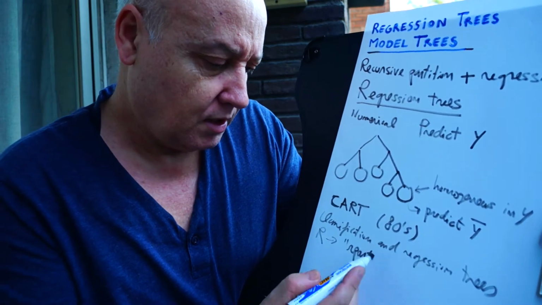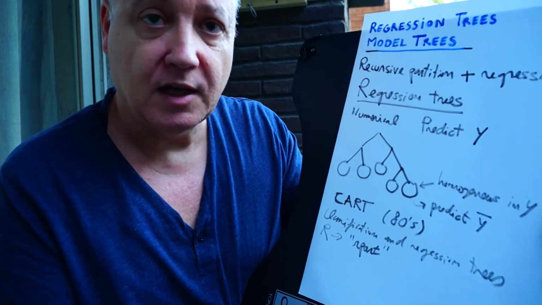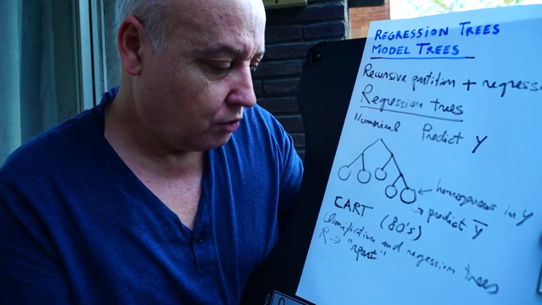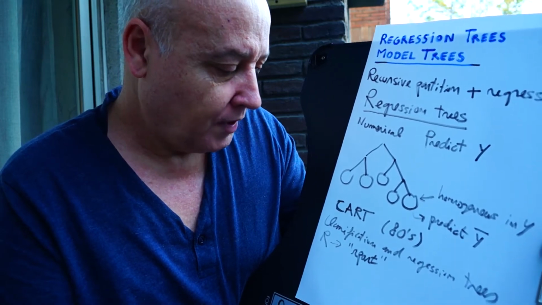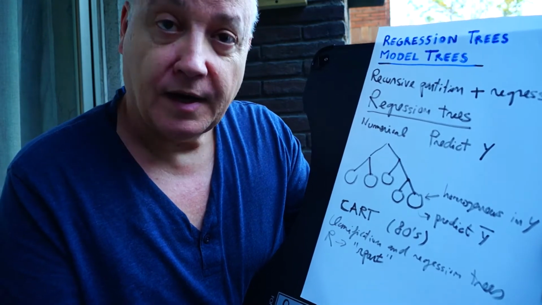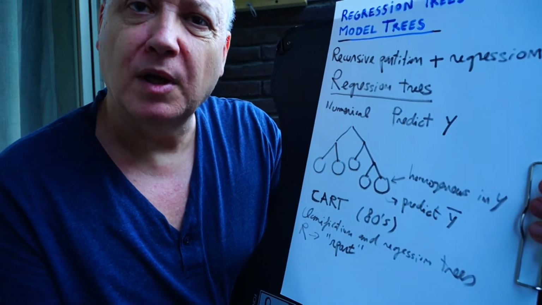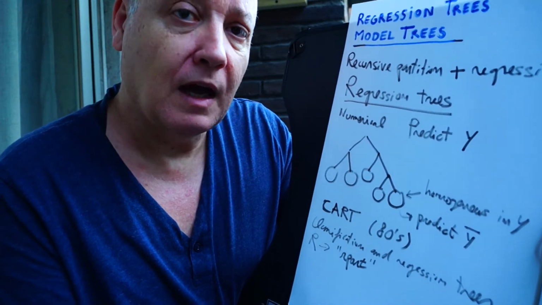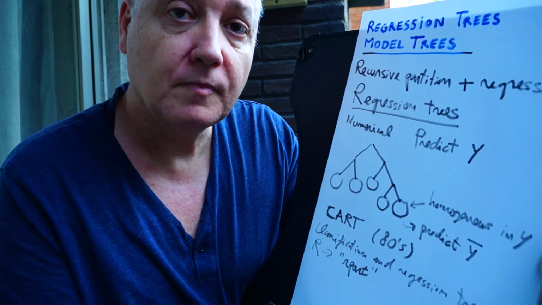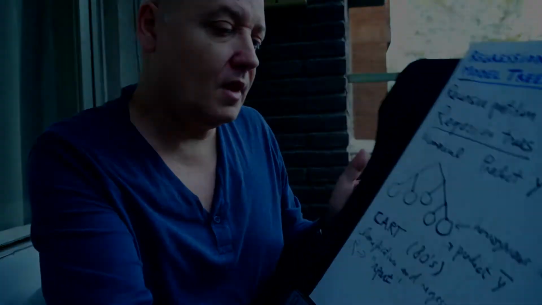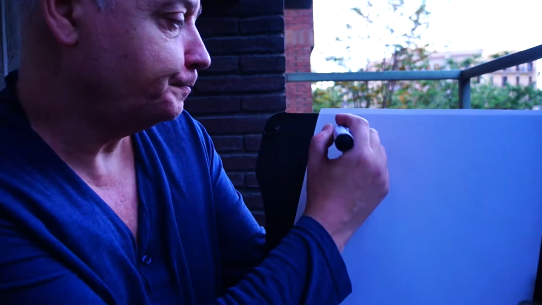So this is the package we'll use to do the regression trees in the example we'll see after the explanation. Well, the other algorithms we consider here are the model trees.